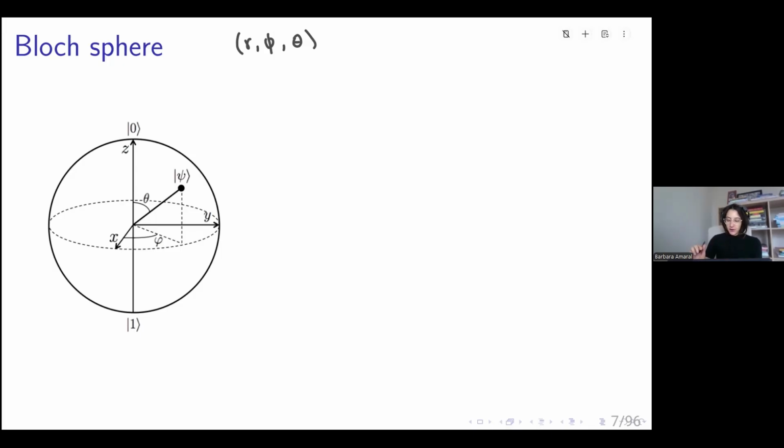So in spherical coordinates, we have x equal to r cosine of phi cosine of theta. I'm not sure if this is correct. Okay.